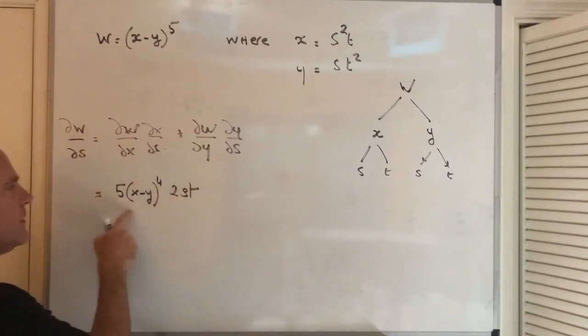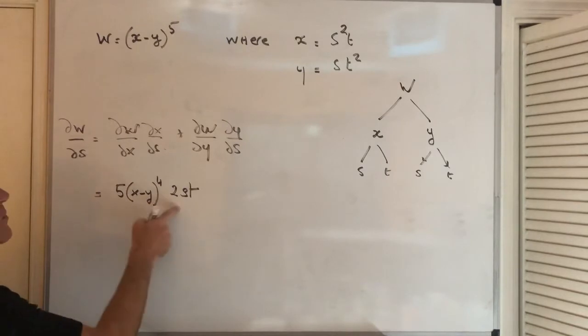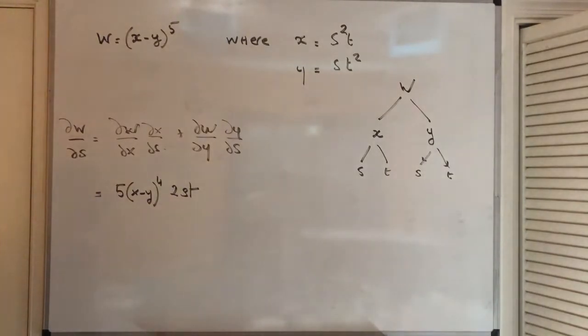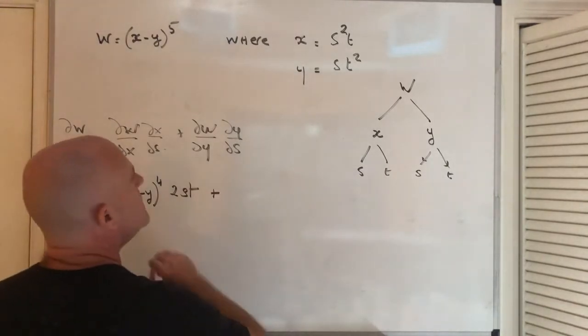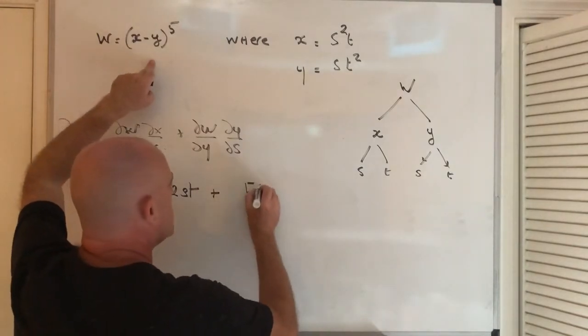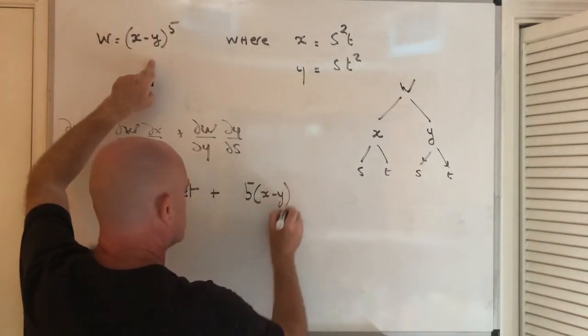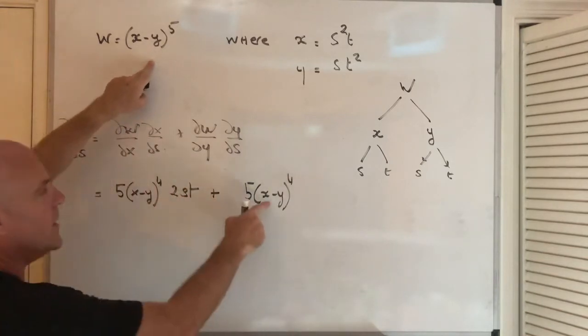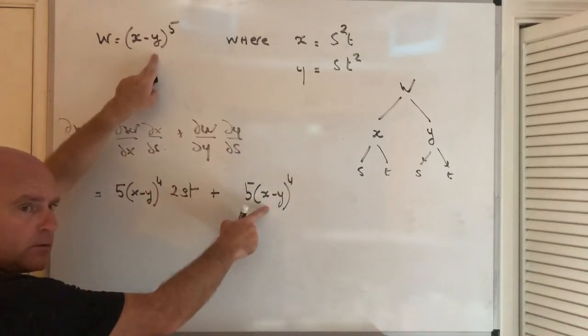I still need to simplify further because I can't allow myself to write an expression that depends upon x, y, s, and t. But I will. Plus dw over dy. Pay attention, this is going to be the same thing as before, but we're going to have a minus sign because the derivative of the inside of the power is negative.